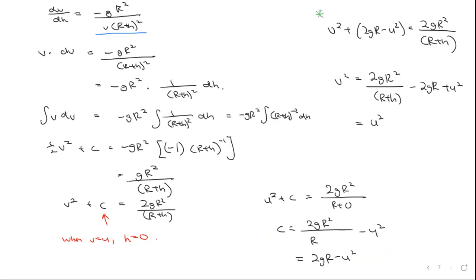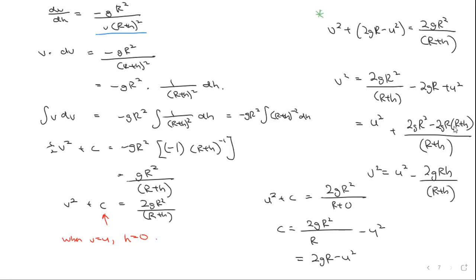So u squared plus 2gr squared minus 2gr times r plus h all over r plus h. And if you expand that, you'll get 2gr squared, which will cancel out with that, minus 2grh, which is u squared minus 2grh over r plus h. Just a little bit of simple algebra simplification work. And that is the answer we get, which hopefully matches the answer they wanted.